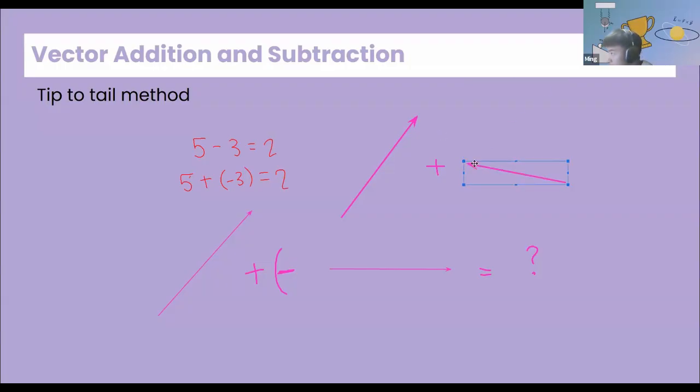We simply align this like this, tip to tail. And then remember to find the final part, we draw it from the beginning of this one to the end right here. This is the sum of both of these vectors.